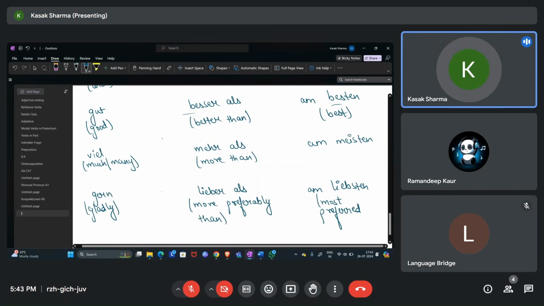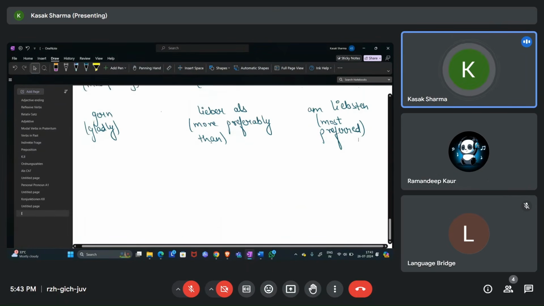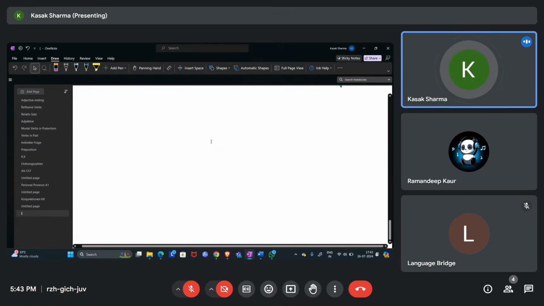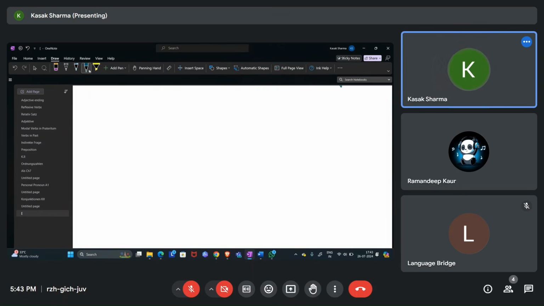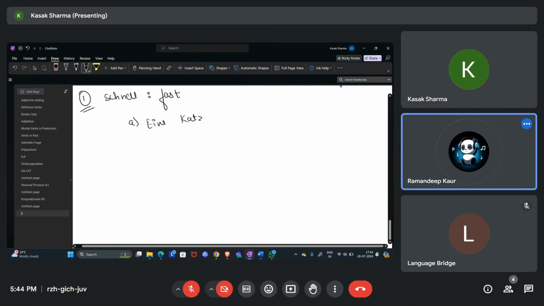Like this, we have our degree of comparison in German. Let's see some examples. For example, we are taking the schnell one. Schnell means fast. So the first sentence is eine Katze ist schnell.